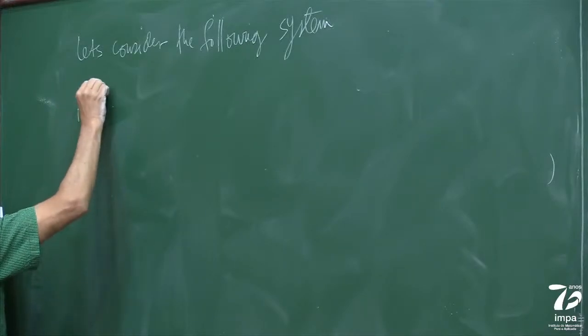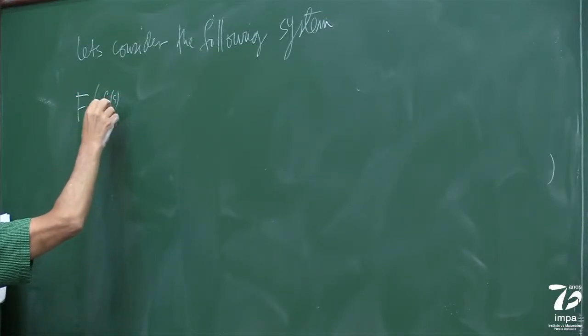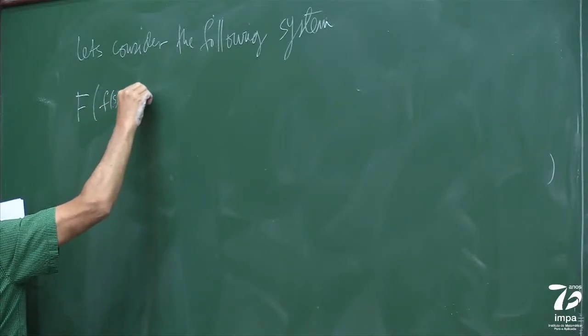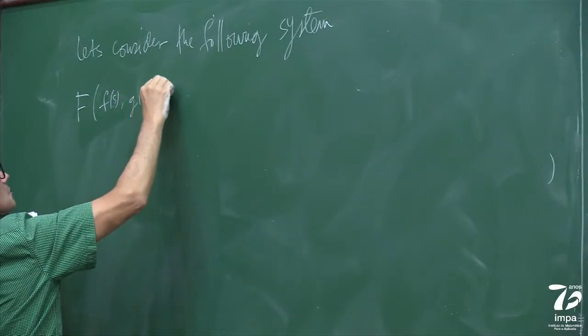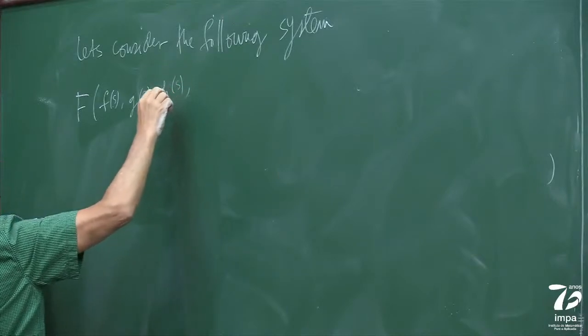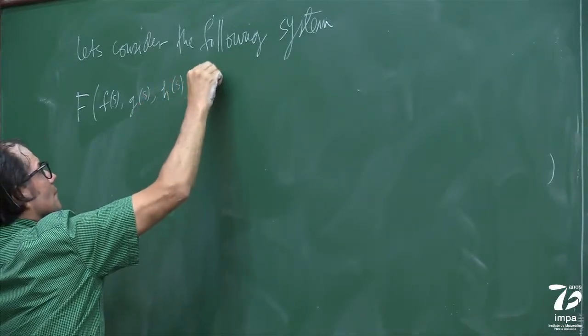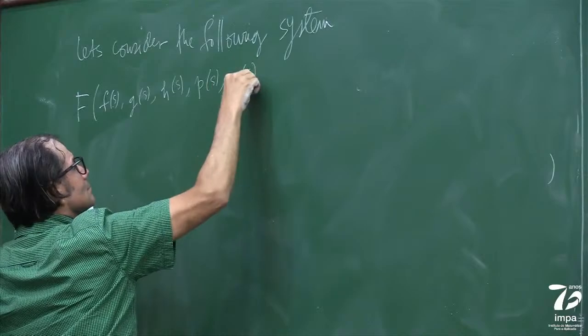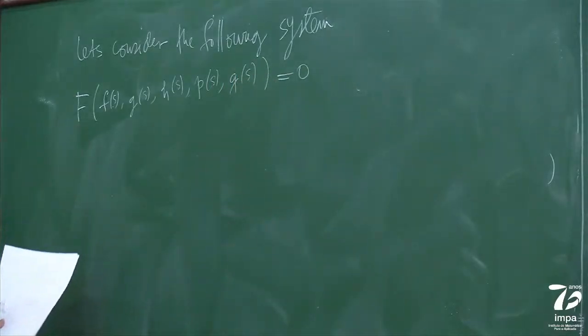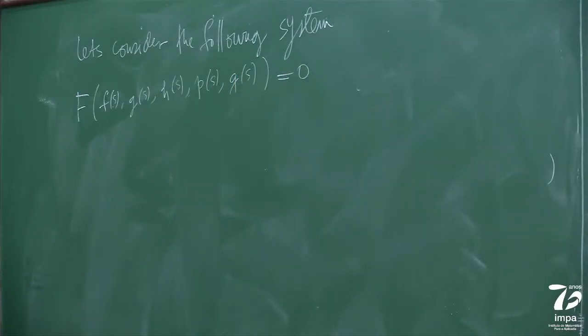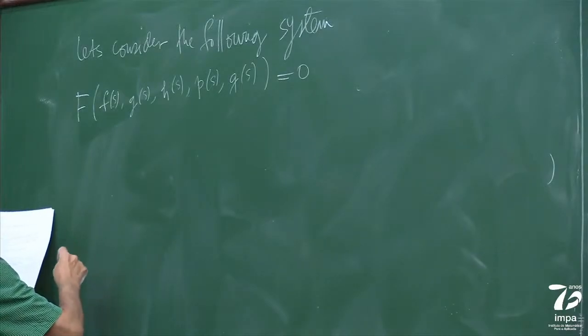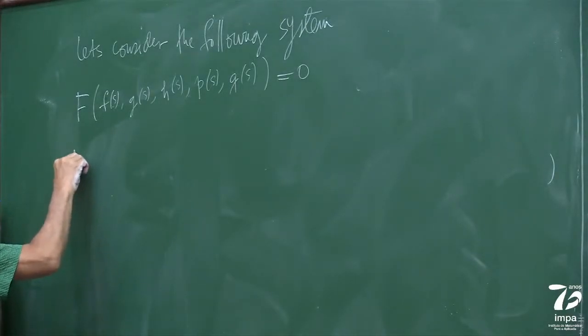Let me write it in silence, and then I'll explain in words. Because at first it might look a little artificial, but it's not. And we can give names to it. This is one piece of our system. Okay, here's another piece of the system.